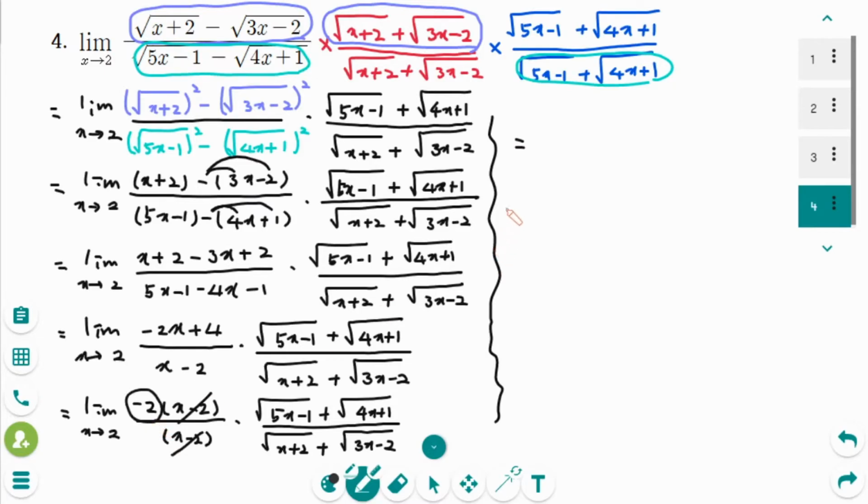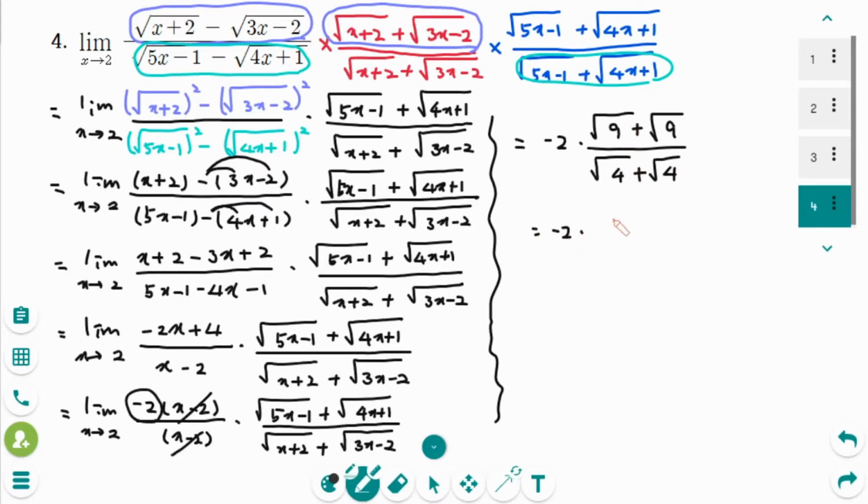So minus 2 is here, times square root of 5 times 2 minus 1, which is 9, plus square root of 4 times 2, 8 plus 1, another line, over square root of 2 plus 2, which is 4, plus 3 times 2, 6 minus 2, 4.